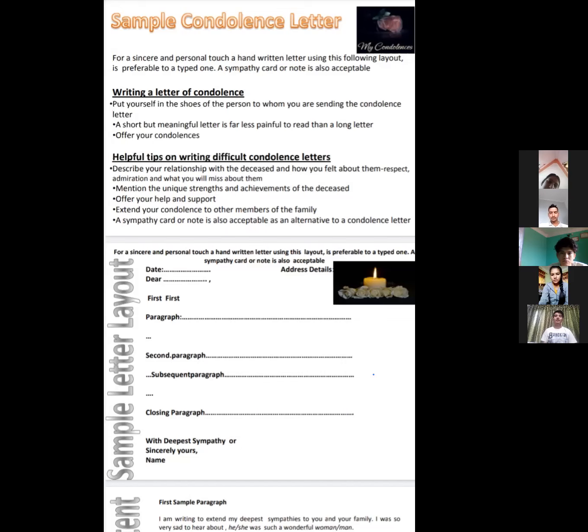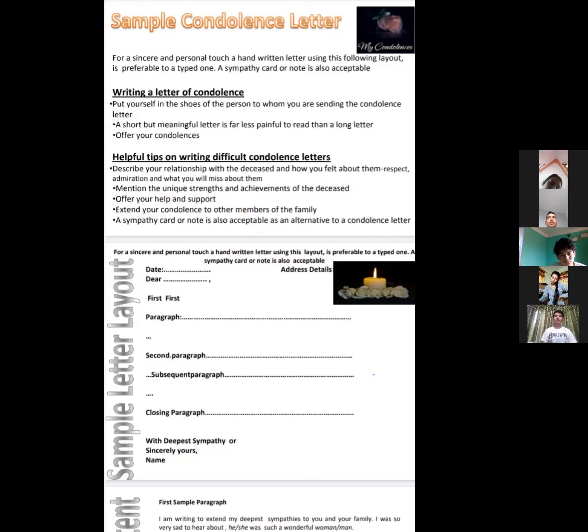So what to write in these blank spaces? Number one, scenario. Number one, situation. In the first paragraph, what you have to write is the situation, or the scenario, or the opening statement.